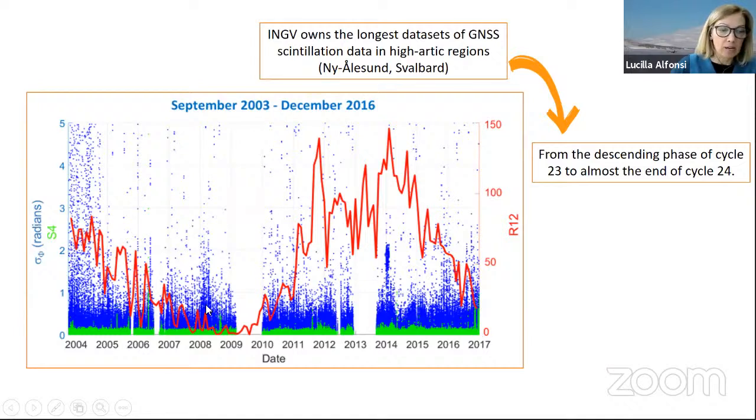And the red curve represents the behavior of the R12, the solar sunspot number. And as you can see, there is a high occurrence of what we call phase scintillation with respect to the amplitude scintillation.